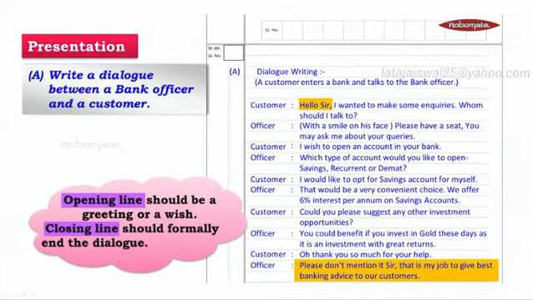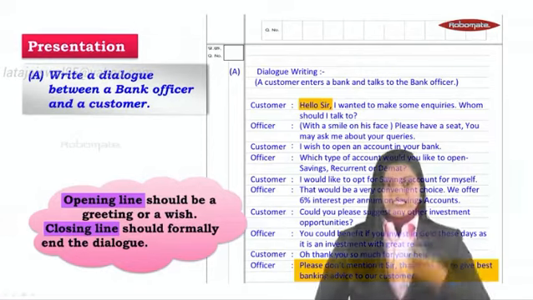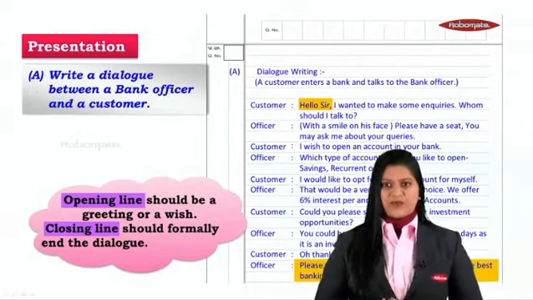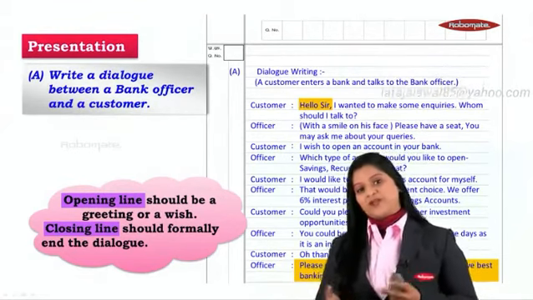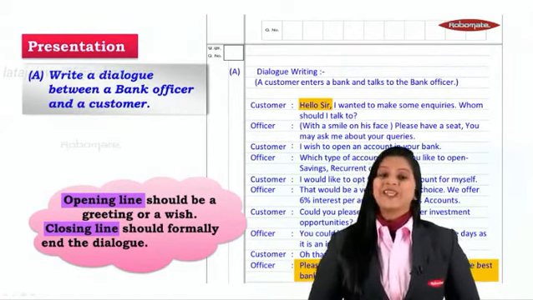Like here, we have put, "Hello, sir." And the closing line should formally end the dialogue. That is, "Please don't mention it, sir. It is my job to give best banking service to our customers." Now, this is exactly what is expected of you when you write a nice dialogue. With this, we are done with dialogue writing. Thank you so much.